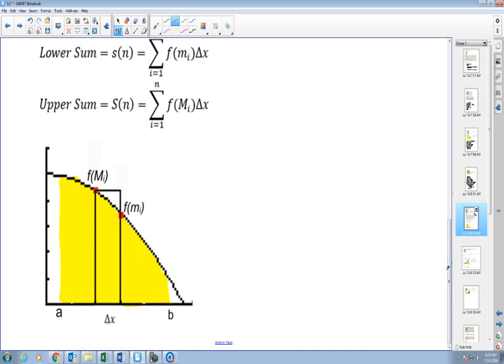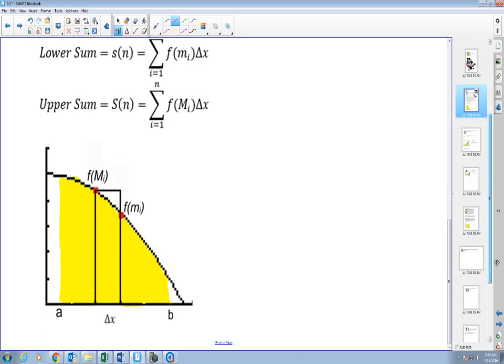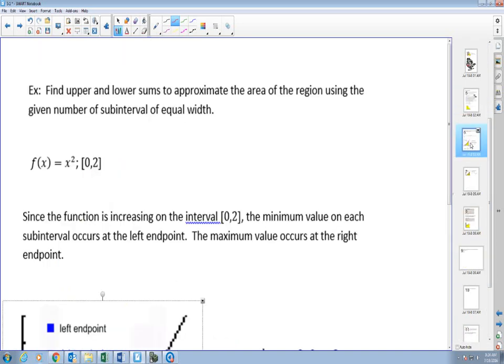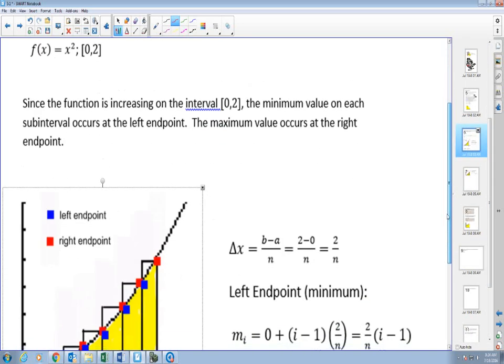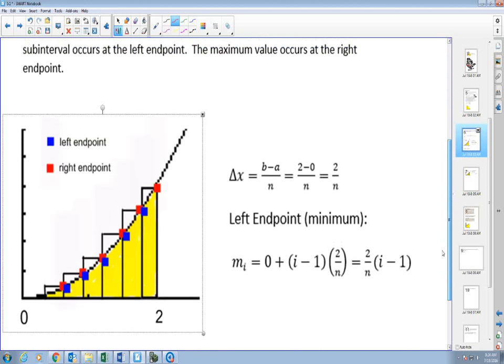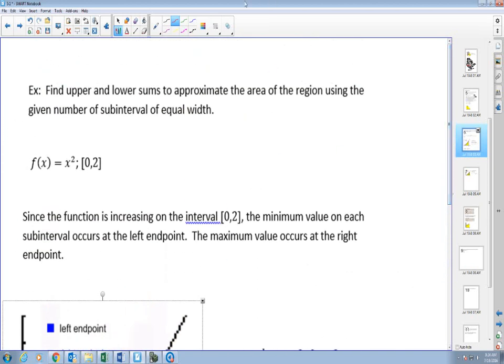Let's try another example. I'm going to find the upper sum and the lower sum. I wrote out a few things and drew the picture already to help us comprehend it better. My function is x squared on the closed interval from 0 to 2 again.